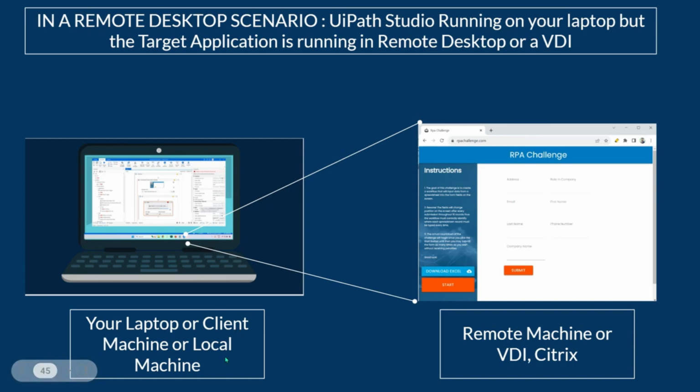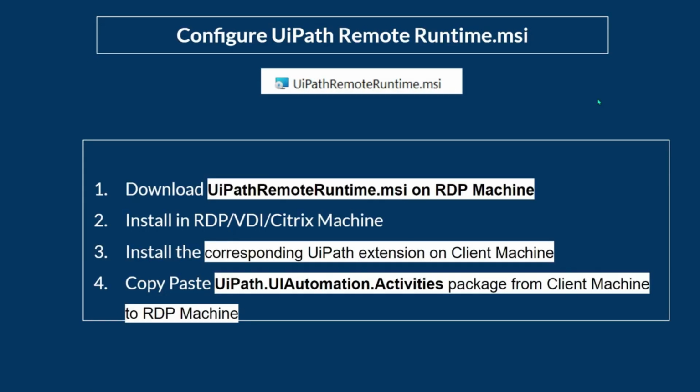Once you're fine with those terms, now let's understand how will you configure UiPath Remote Runtime. There are 4 steps. First, you will download the UiPath Remote Runtime MSI file, and then you can download it on the client machine, that means on your laptop, and then you can transfer it to RDP, or maybe in the RDP itself you can open and download it.